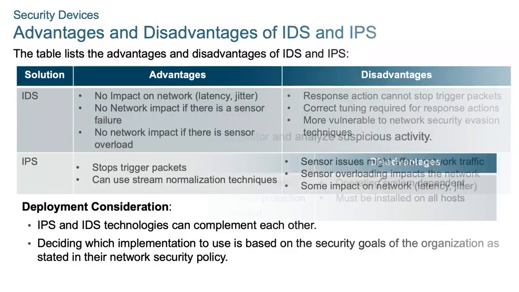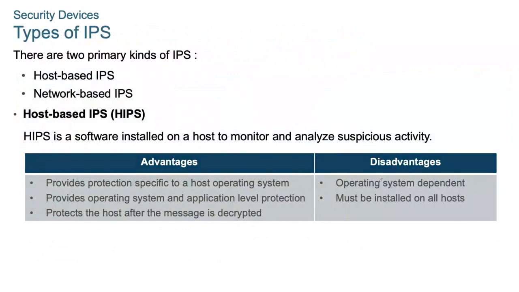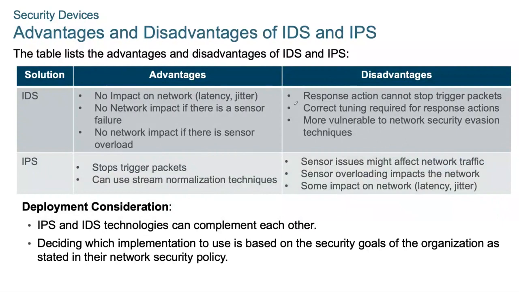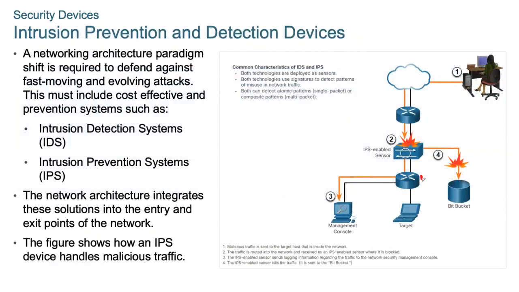The types of IPS are a router configured with the IPS software, so they can be configured at the router level, or a device specially designed to provide dedicated IPS or IDS services. First one is, either you can configure at the router level, or you can have a special device and connect it to your router.